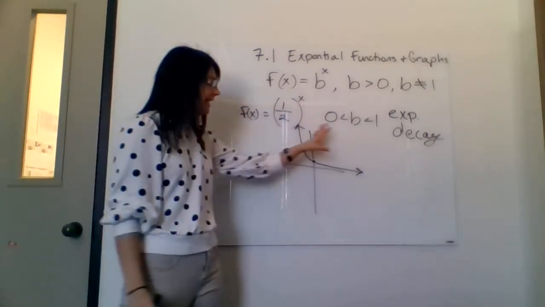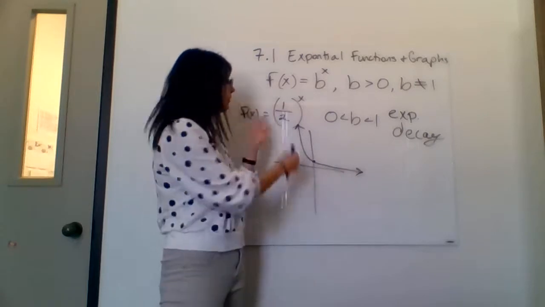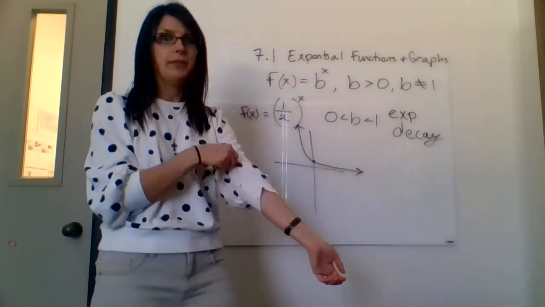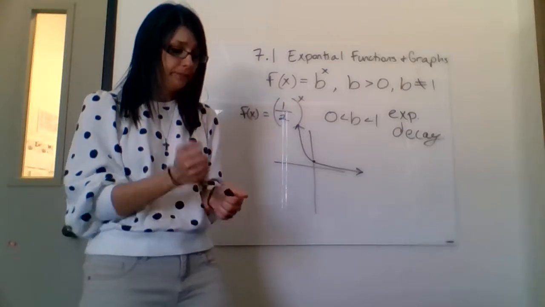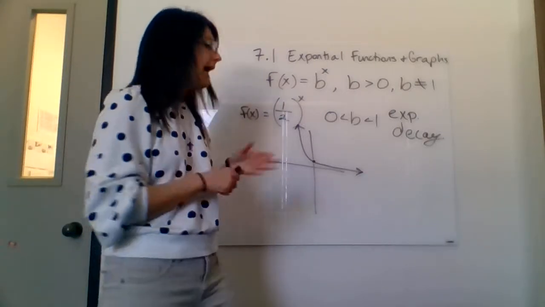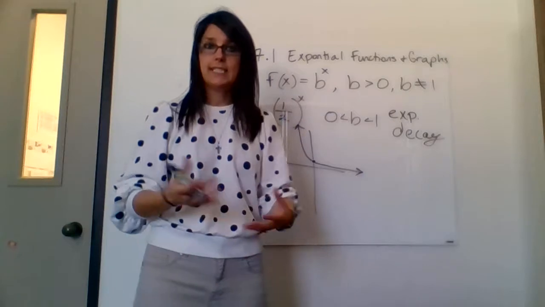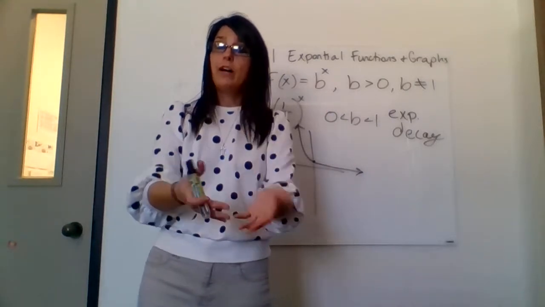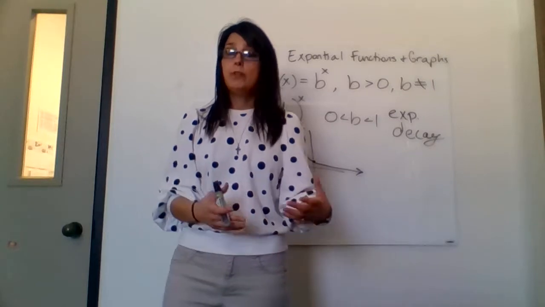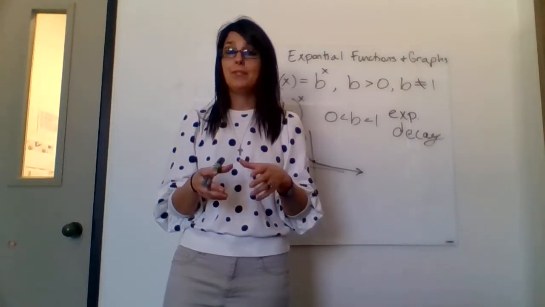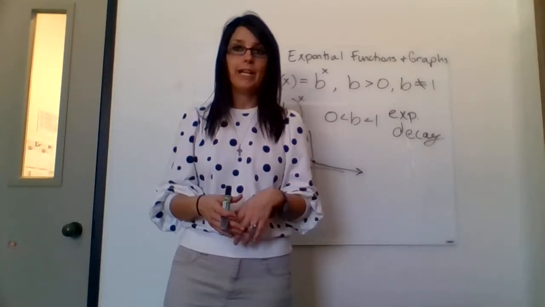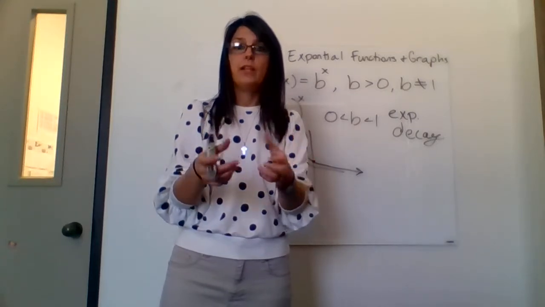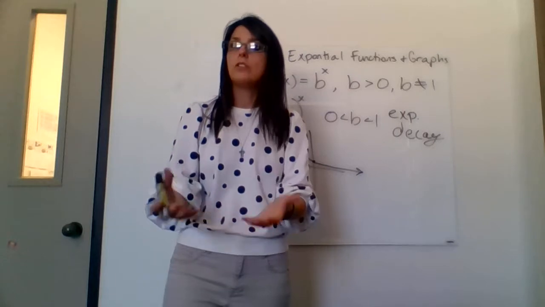Now, this is actually representative of what we call half-life, and you'll see that in a couple of sections when we talk about applications. But the half-life of a substance, let's say carbon, something like that, if you put it on the counter and let it sit for a while, eventually half of that substance will have decayed, right? And so you wait that time again, and of what was left, half is gone, and then half is gone, and half is gone, and so on and so forth.